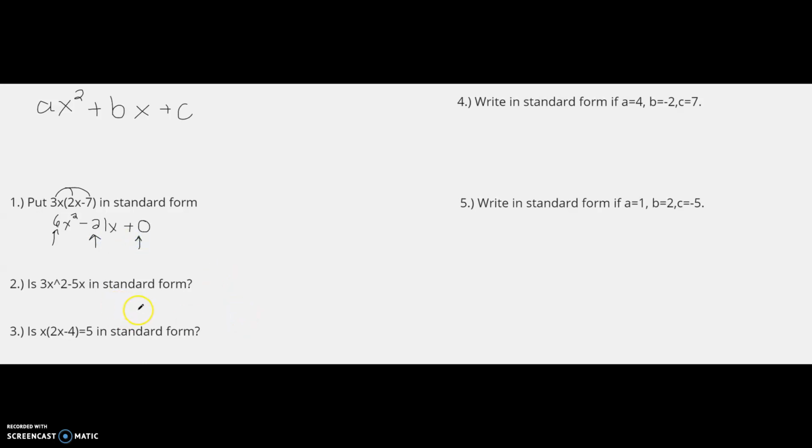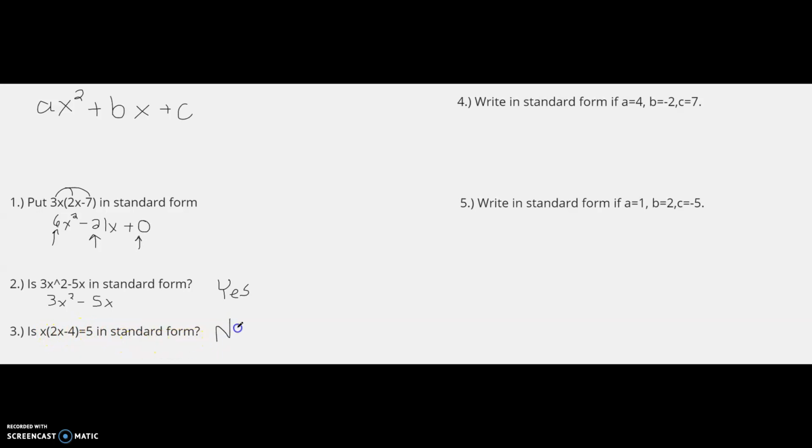For 2 and 3 here, we're just asking yes, no questions. Is 3x squared minus 5x in standard form? Now, this is typeset for exponents, so really it looks like this: 3x squared minus 5x. And is that in standard form? We would say yes. Is x times (2x minus 5) equals 5 in standard form?